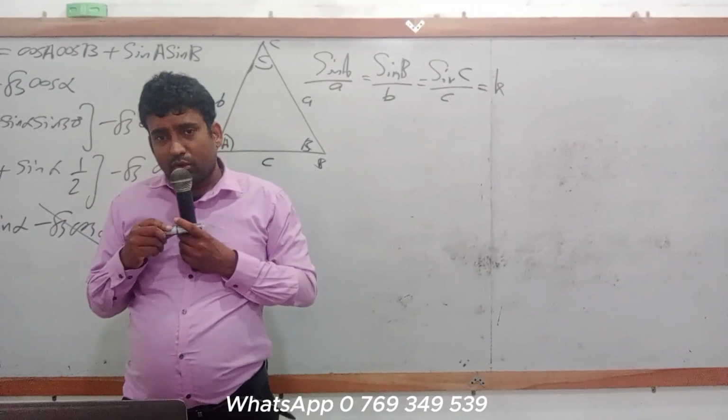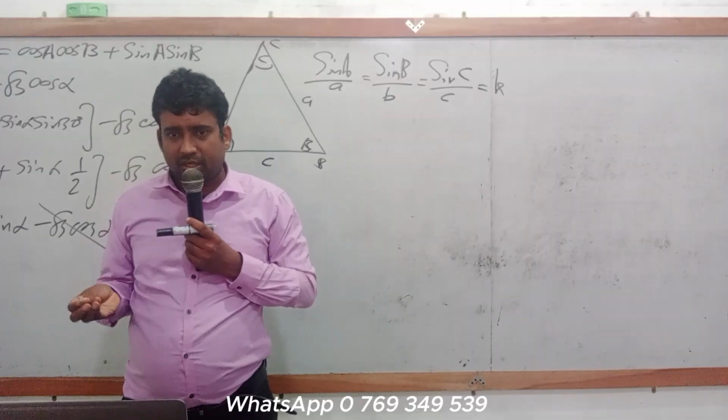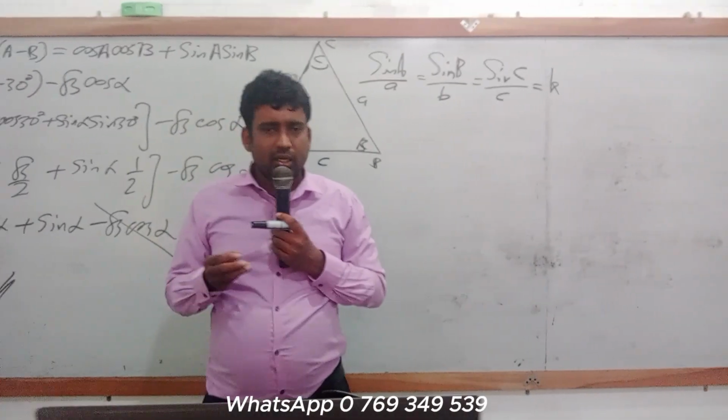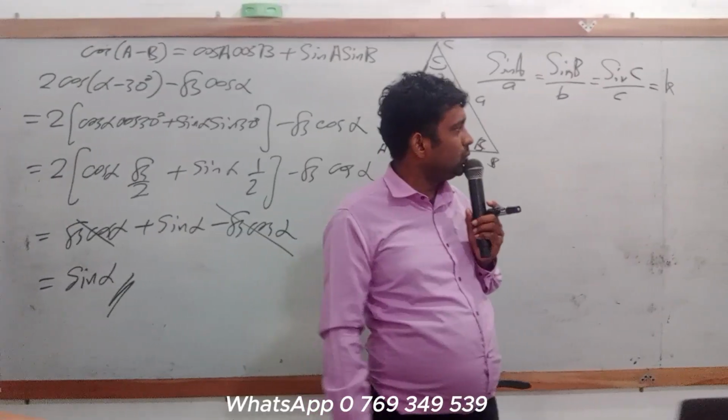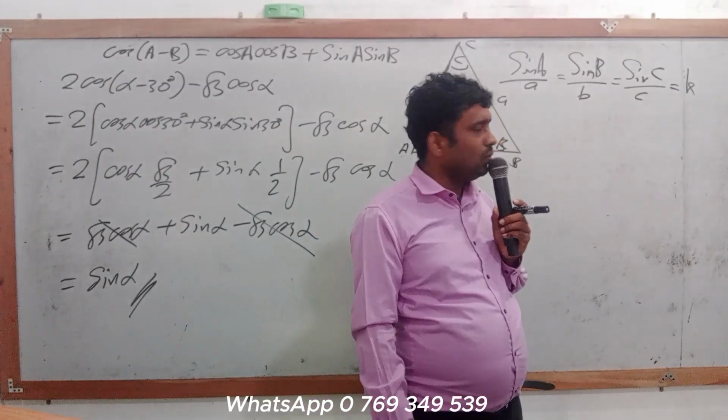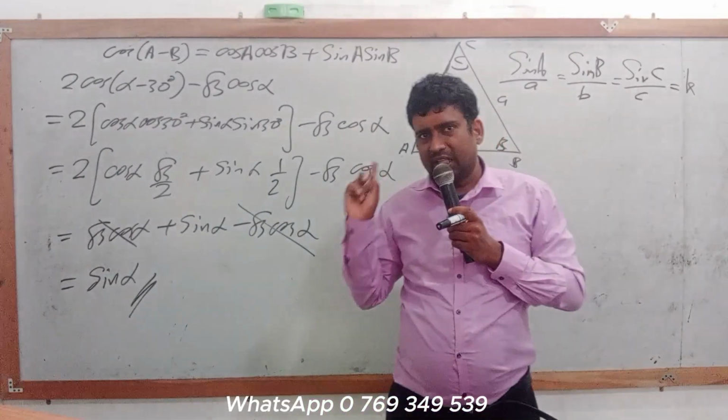In the triangle ABC shown in the figure, angle ABC is 60. I think there is not enough space, we have to erase this one.